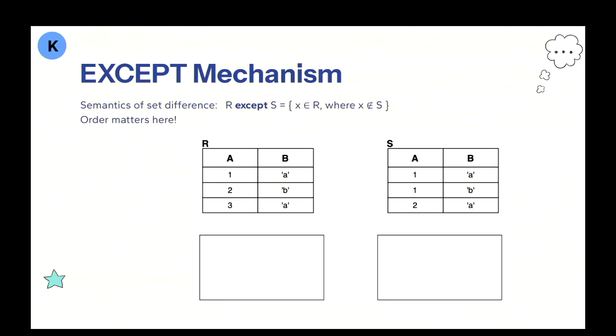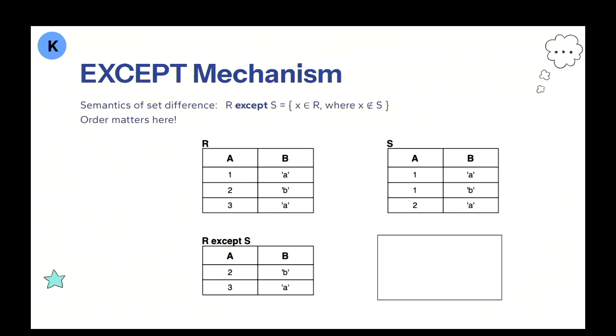Can you think about it? The result will give us the elements that are in R but not in S. So it's like R minus S. So this will give us this. The 1A is removed because it's in both R and S.